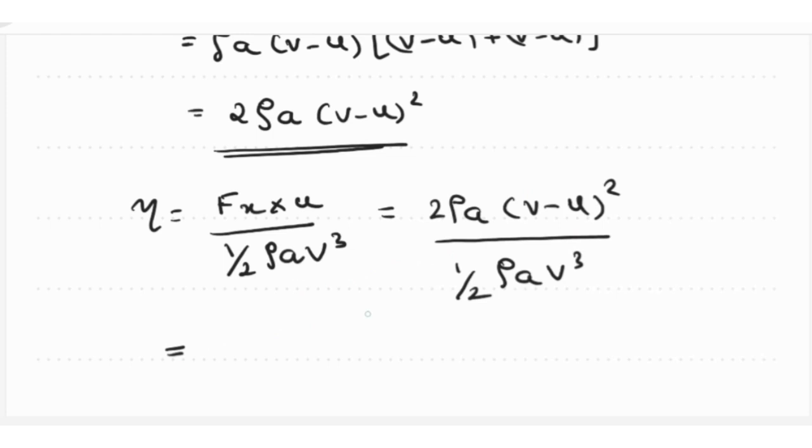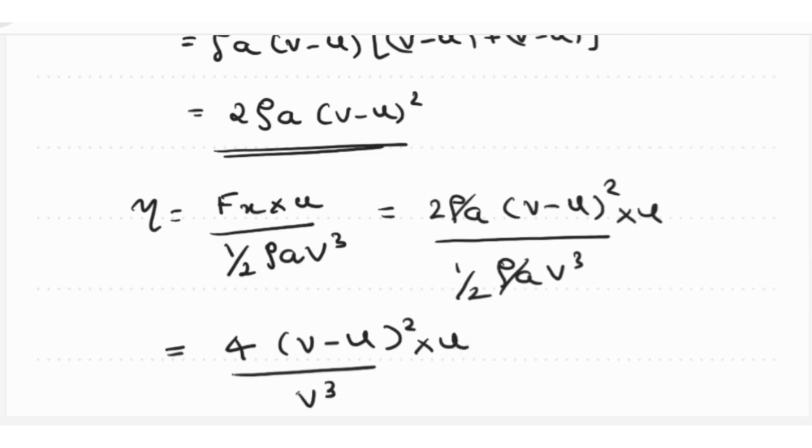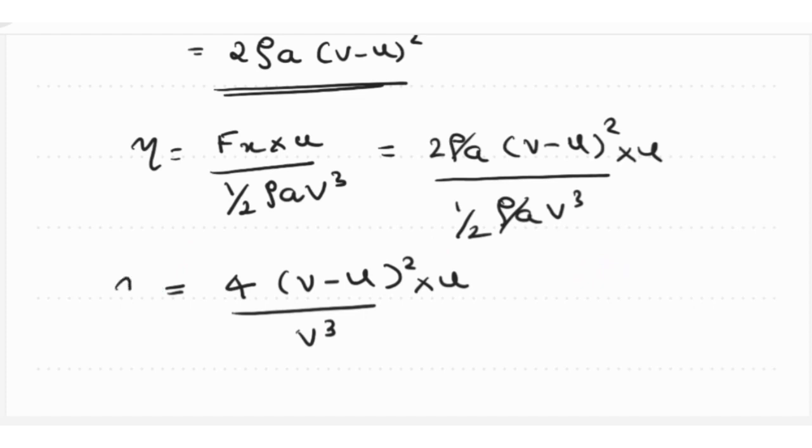Solving that, rho a and rho a get cancelled, and we get 4 into v minus u whole square into u in the numerator, and v cube in the denominator. So this will be the efficiency equation. We'll name it as equation number 1.